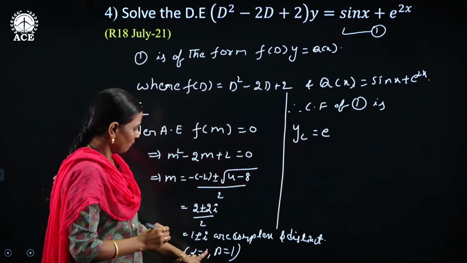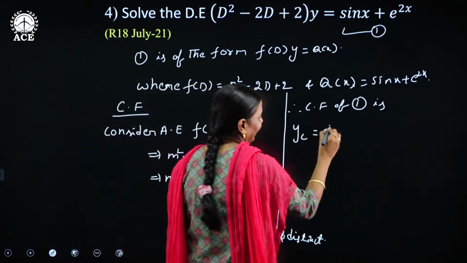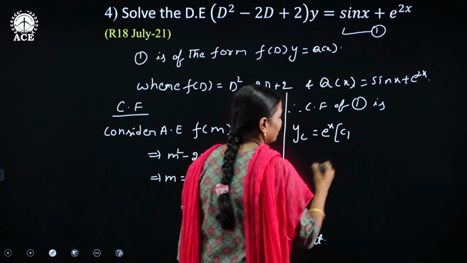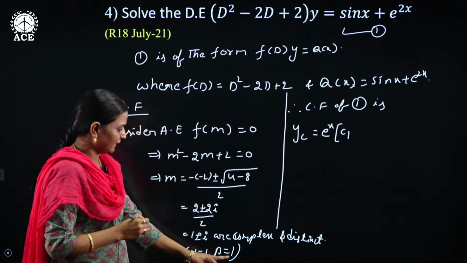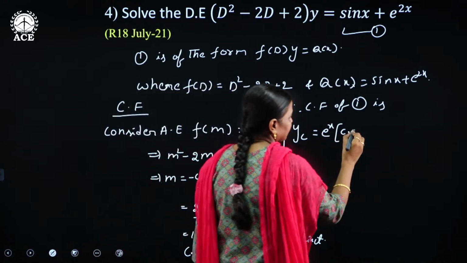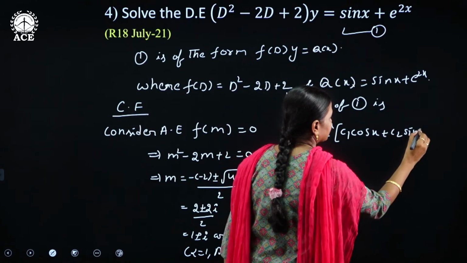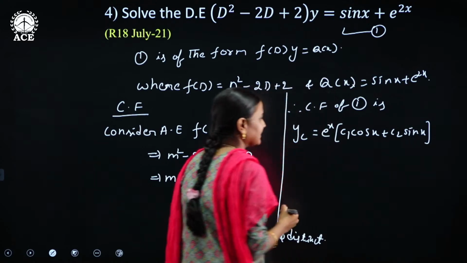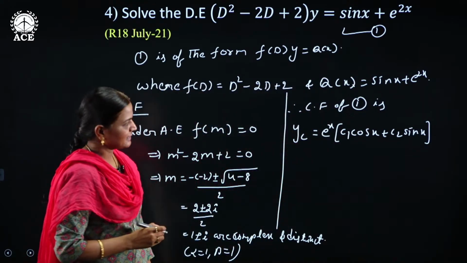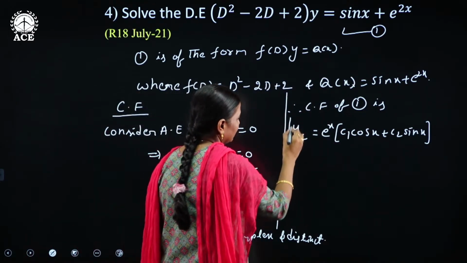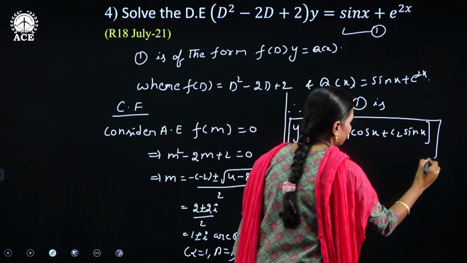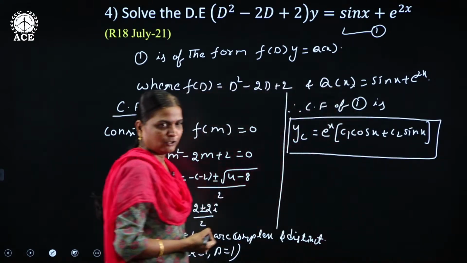What is alpha? 1. So e power x into c1 cos beta x. What is beta? 1. So that is c1 cos x plus c2 sin x. e power x into c1 cos x plus c2 sin x. So this is the complementary function, that means the first part of the general solution.